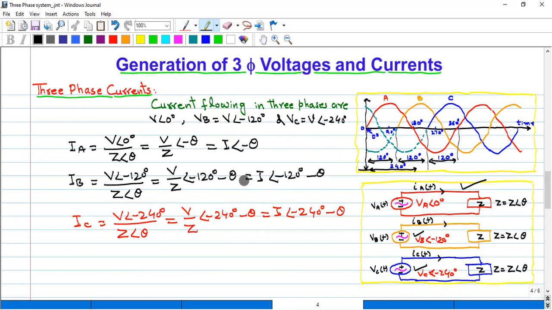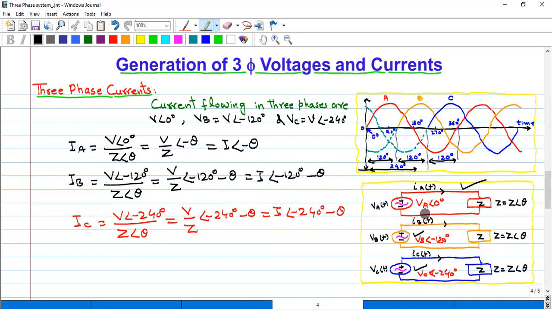So it is possible to connect the negative ends, as you can see here in this circuit, the negative ends of these three single phase generators and the loads together. So we can connect the negative end of the three-phase supply and the loads together so that they share a common return line called neutral.